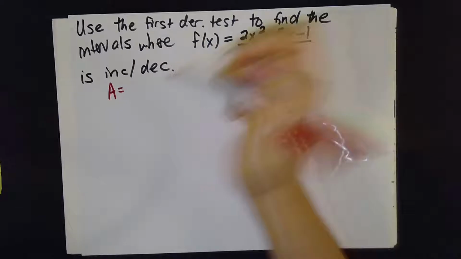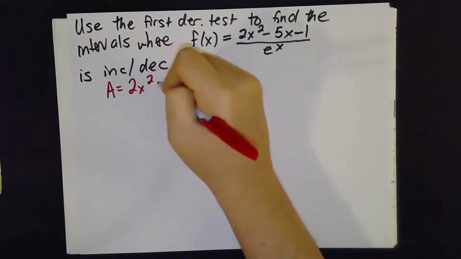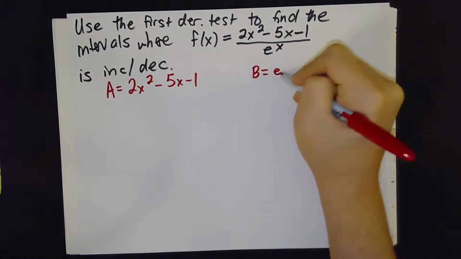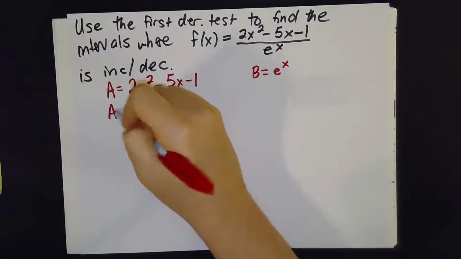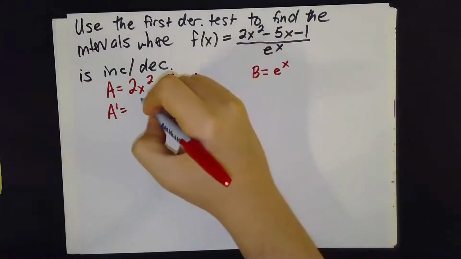So by coincidence, this is also a quotient rule question. So just as before, I need to find the critical numbers before I can go anywhere else.